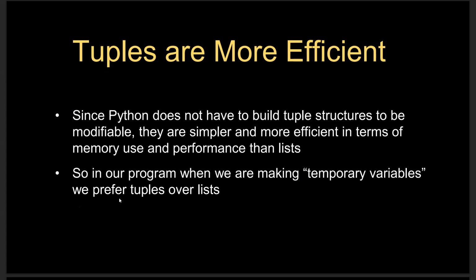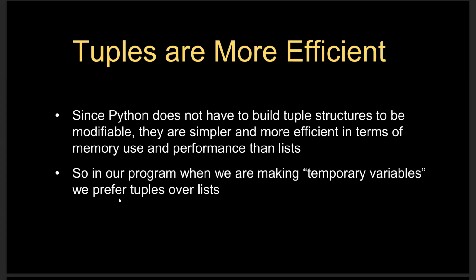Next one, tuples are more efficient. Why are tuples more efficient than list? Now let us see. Since Python does not have to build tuple structures to be modifiable, they are simpler and more efficient in terms of memory and performance than lists.